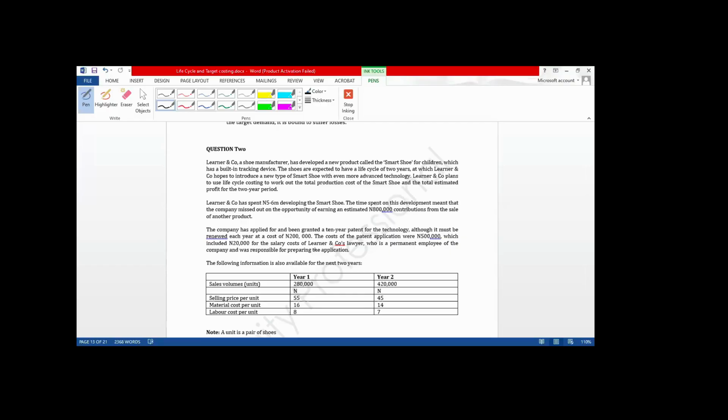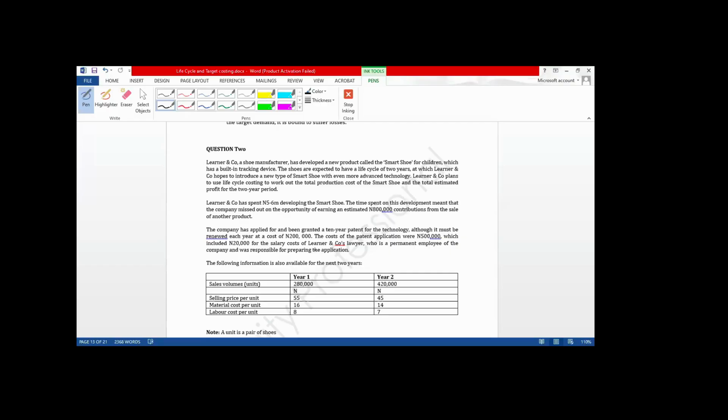We are going to remove this amount because this lawyer, whether we apply for the patent or not, we are still going to pay the lawyer his monthly salary of 20,000. That means the lawyer monthly salary is an unavoidable cost.